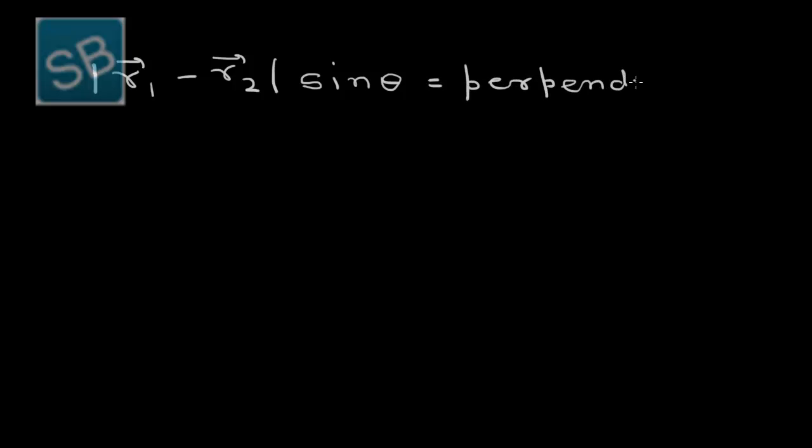Here the statement is mod of R1 vector minus R2 vector times sine theta is equal to the perpendicular distance between the two forces.